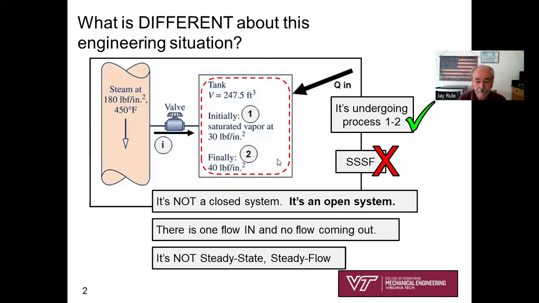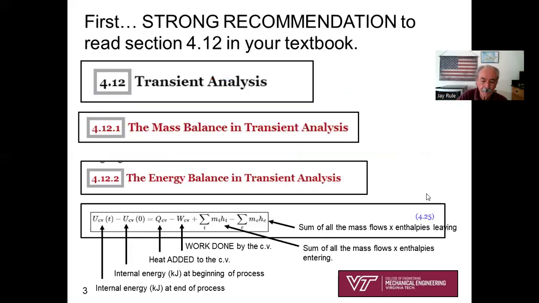So what do we do? Oh my gosh. I can't apply that fundamental steady state, steady flow to this problem at all. Nor can I go back and apply a statement of the first law for a closed system because it's not a closed system either. So we've got to figure out an approach here.